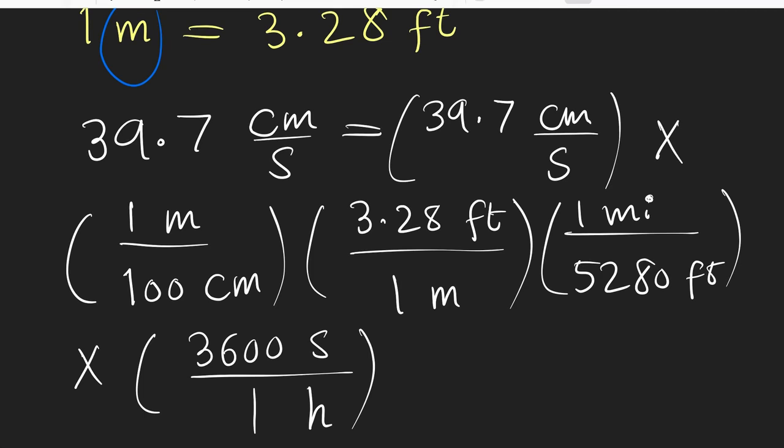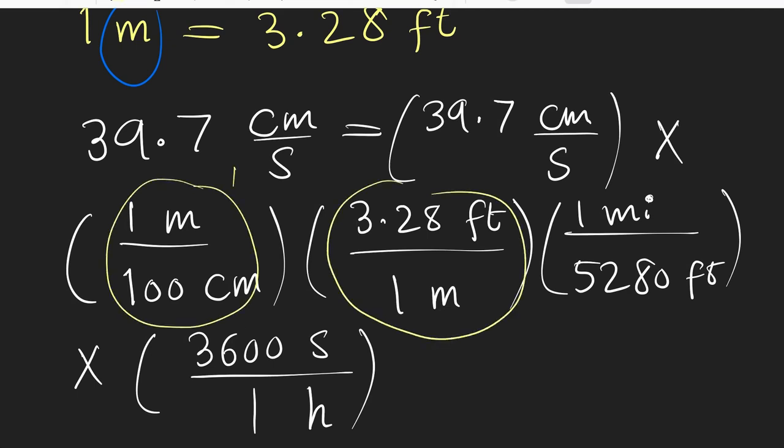So let's come back and explain one by one. This is equal to 1, this is equal to 1, this is also 1, and this is 1. So in fact I have multiplied my original unit times 3 ones, so it gives me the same thing, but it converts to a new unit.